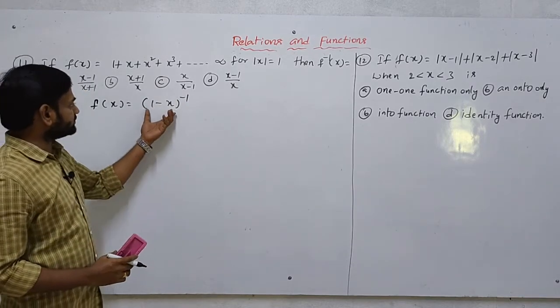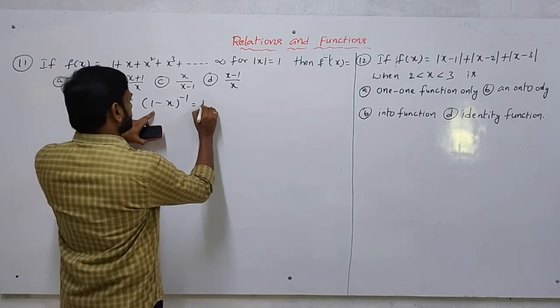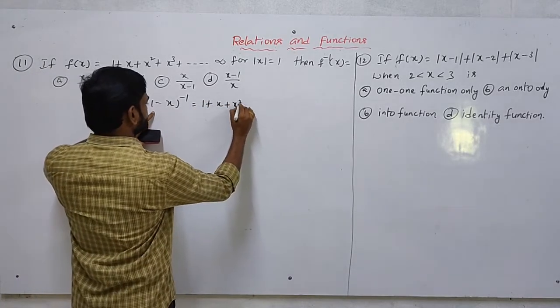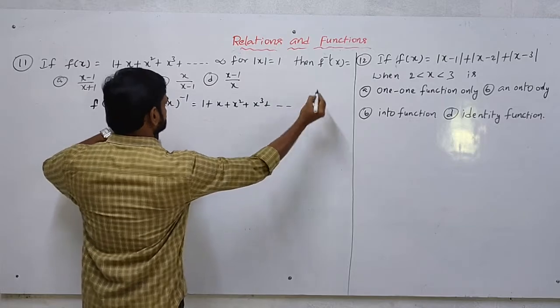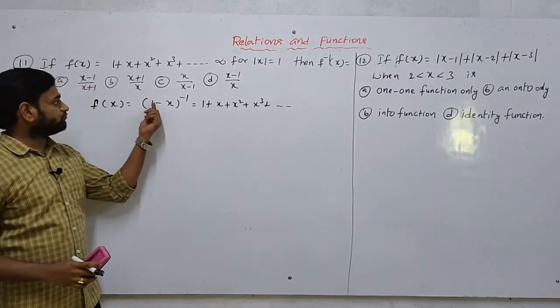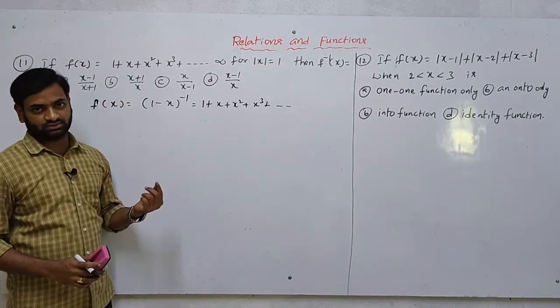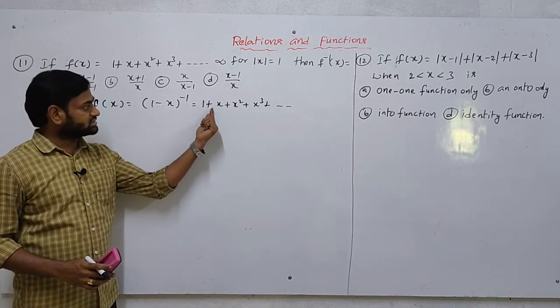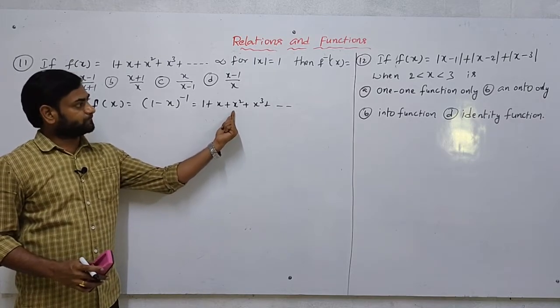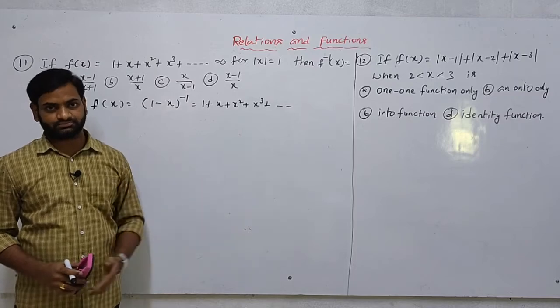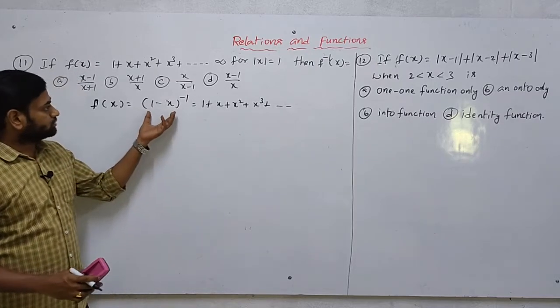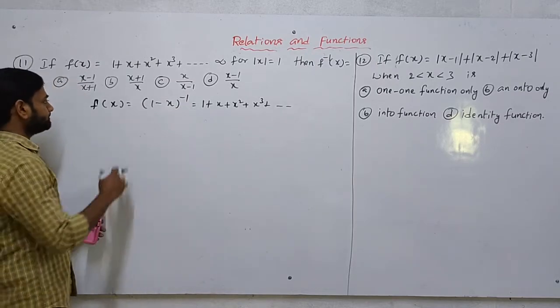The expansion for this one is 1 plus x square plus x cube and so on. Suppose 1 plus x whole power minus 1, that is 1 minus x plus x square minus x cube like that.